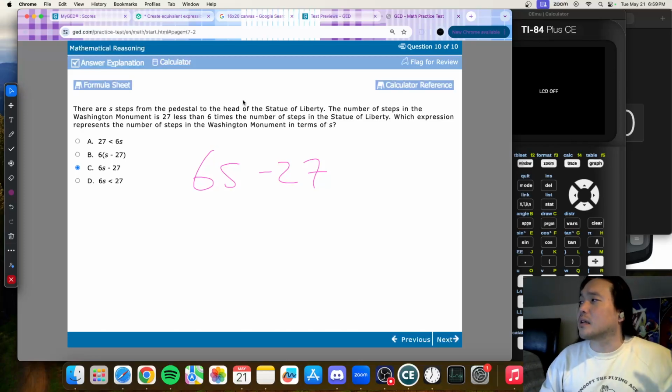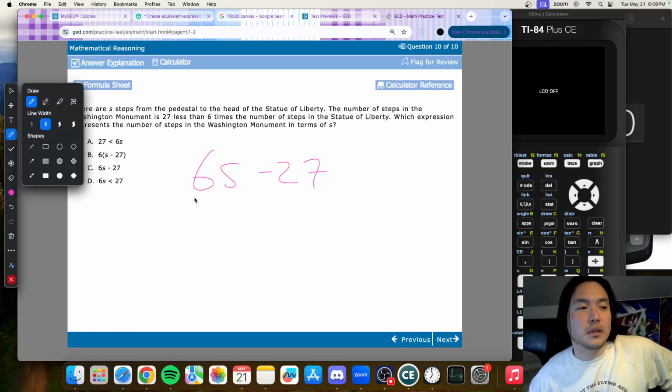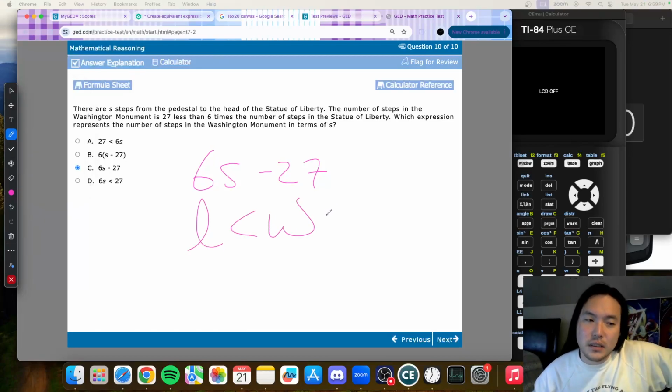But if I say the distance to the library is less than the distance to the Walgreens, well then it would be library is less than Walgreens. But if I say the distance to the library is 3 less than the distance to the Walgreens, well then L is equal to W minus 3.